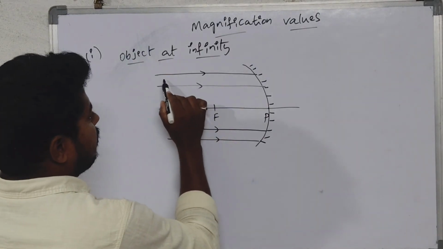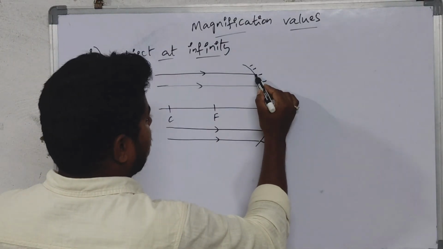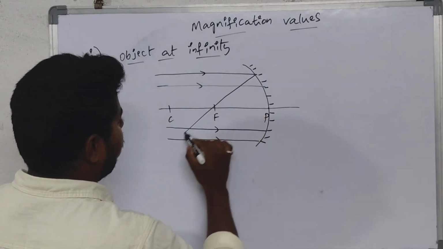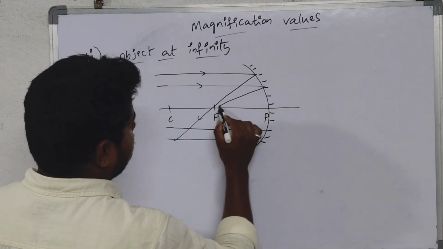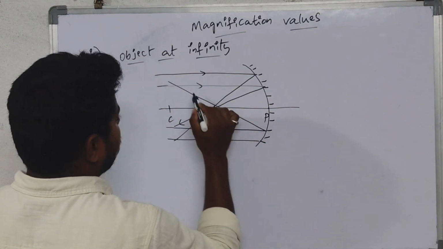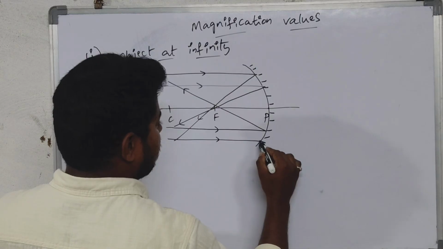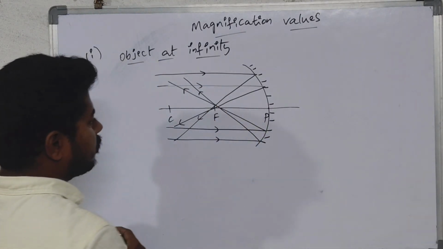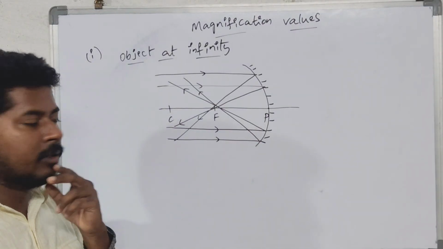Incident rays strike the mirror and are reflected back, and the reflected rays pass through the focus.